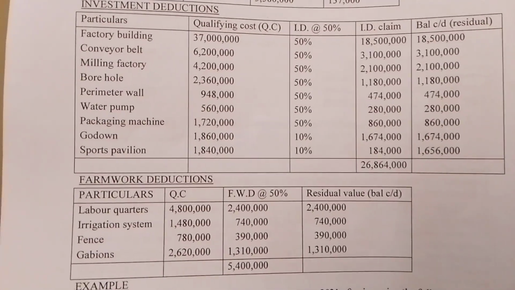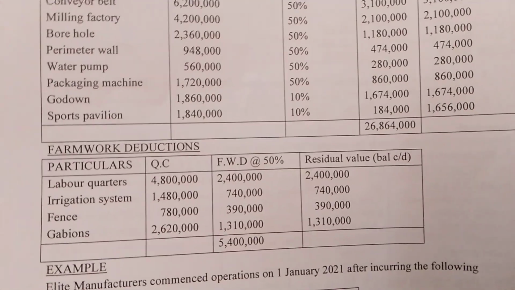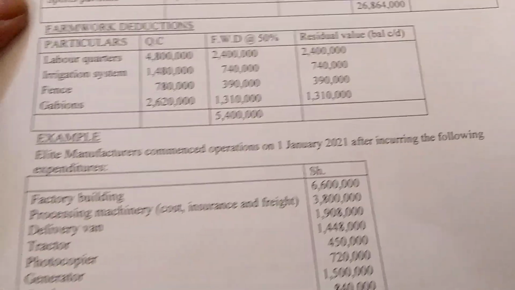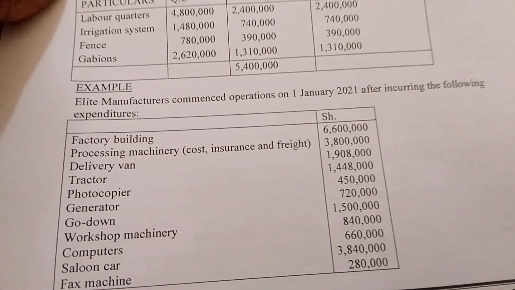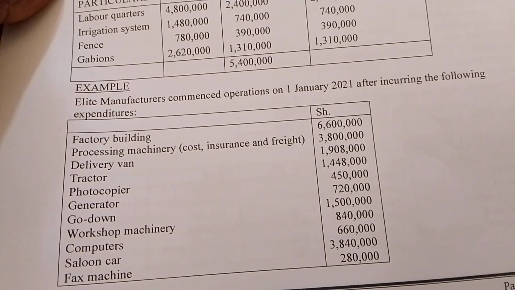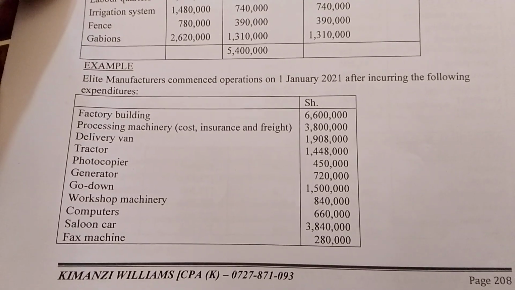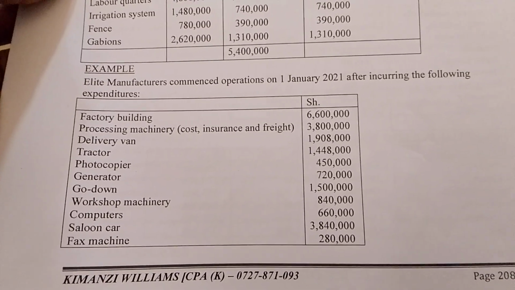Then we also have farm work deductions. Farm work deductions, we grant 50%. Then your assignment, Elite Manufacturers. First, you can just take that assignment for Elite Manufacturers.